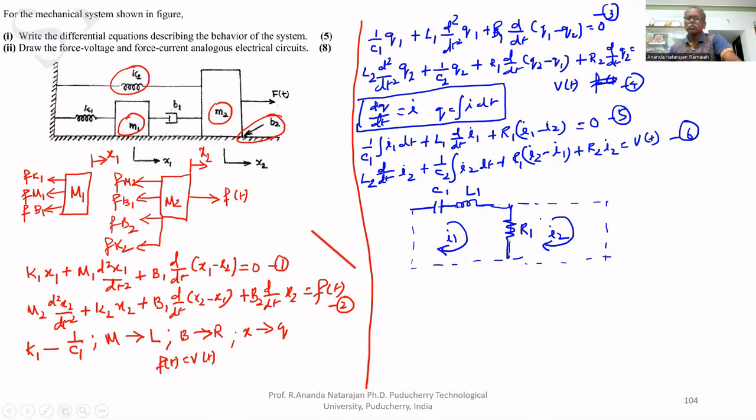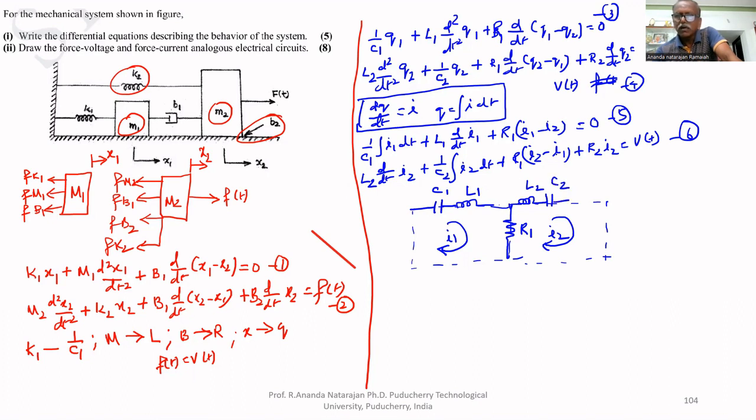R2 is common to both loops. That's all, the first equation is over. For the second equation, through L2 only I2 is flowing, and through C2 also only I2 is flowing.